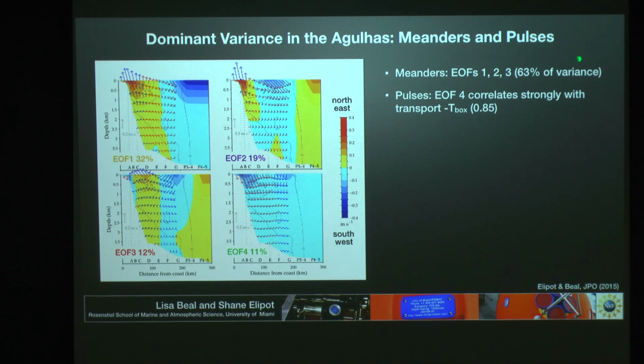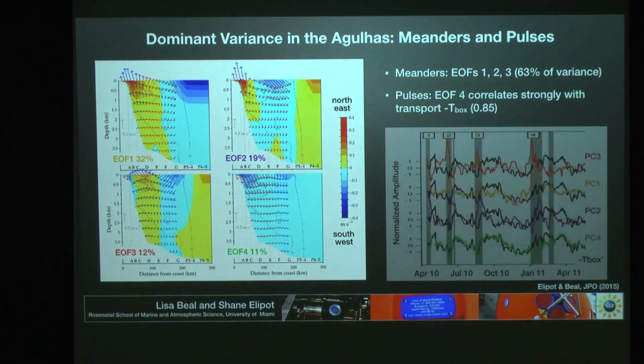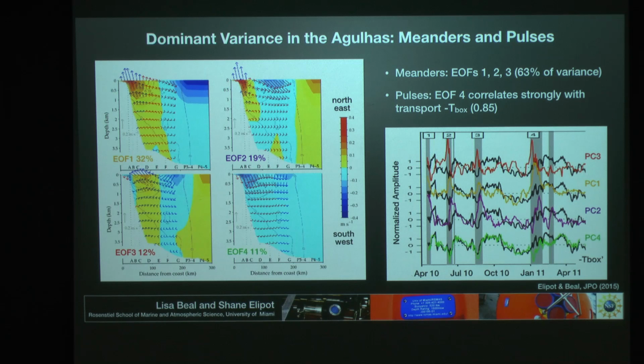And this EOF4 correlates very strongly with T-box, the transport. And if you look at the principal component time series, what you see is that for each meander event, first of all, you get principal component time series 3 peaks. So what's going on here is the current actually moves onshore, shifts onshore first at the very front of that meander event.